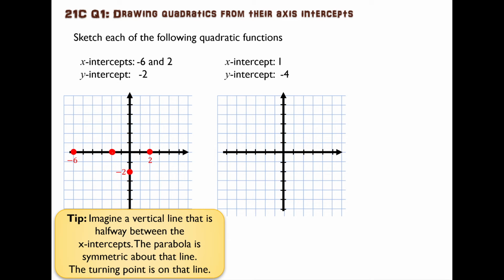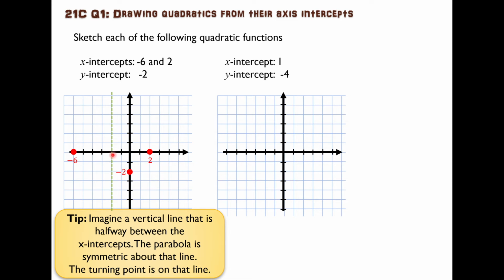Now this point is 1, 2, 3, 4 units away from here, and it's 1, 2, 3, 4 units away from that x-intercept. So it's halfway between them. I want you to imagine with your brain a vertical line right there. You can even draw it as a dotted line using a ruler, obviously.